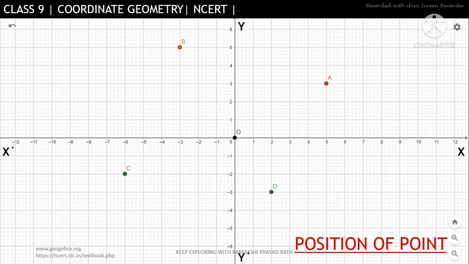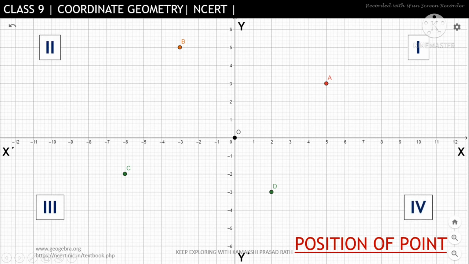You can see here point A lies in the first quadrant, point B lies in the second quadrant, C in the third and D in the fourth quadrant of the Cartesian plane. See here the quadrant numbers 1, 2, 3, 4 are written in an anti-clockwise direction. You can see we move anti-clockwise. That is the way we represent the quadrants.